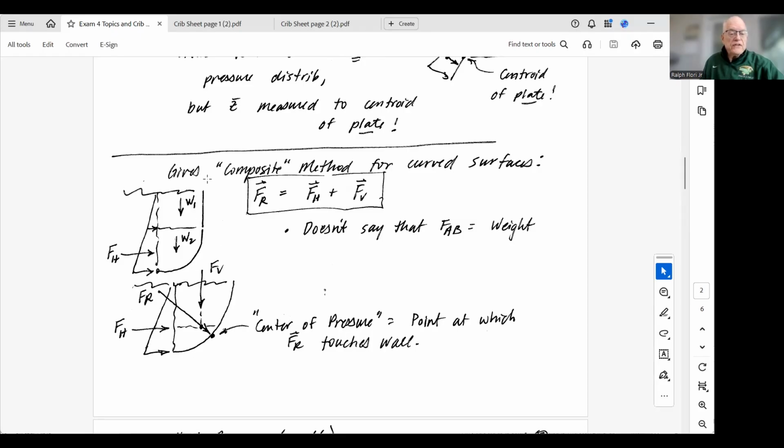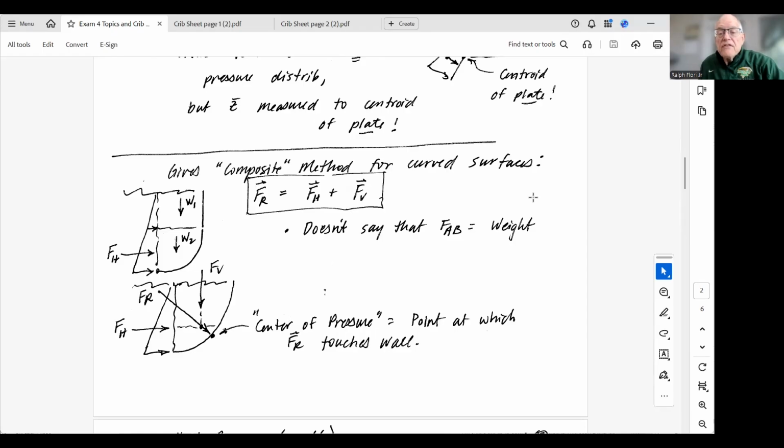If the free surface is higher than this, and you have a curved surface and a straight surface, then in this case, F vertical is equal to the weight in volume 1 plus the weight in volume 2. So he actually doesn't give this formula, but you need it and you need to understand it.